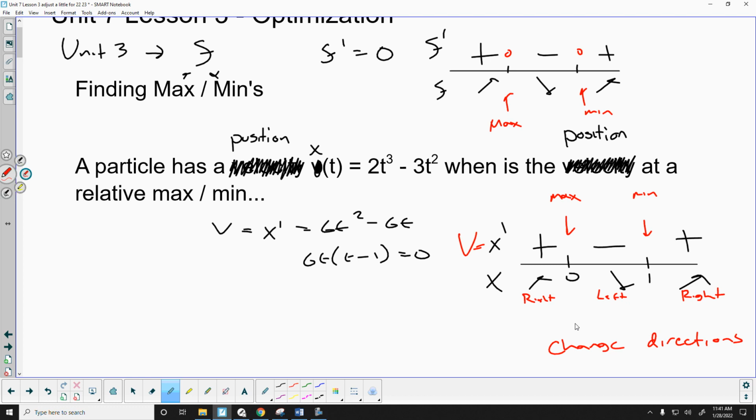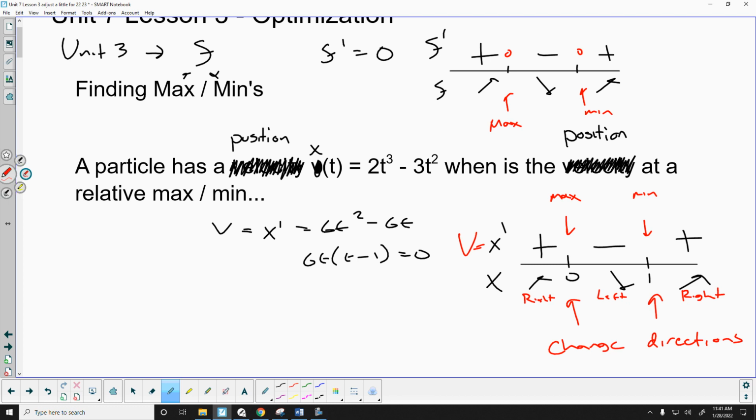Those are my zeros of x prime. The zeros of v, that's when we change direction. What else do we notice? It would be if I go to the right and then go back to the left. My max position would be when I'm furthest to the right, right?